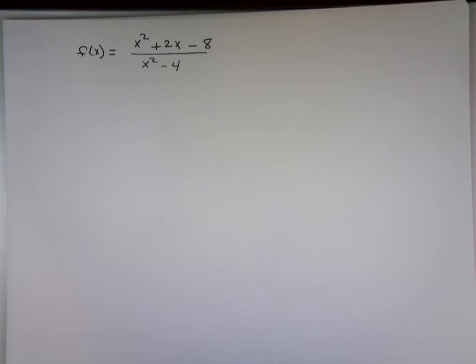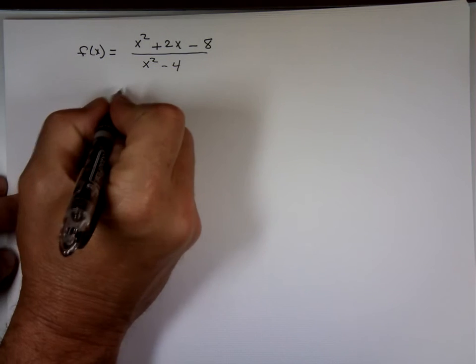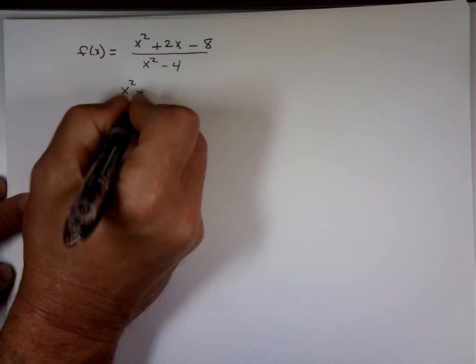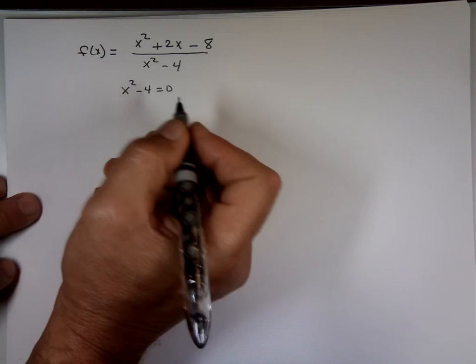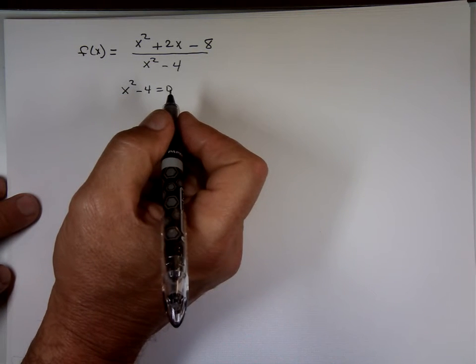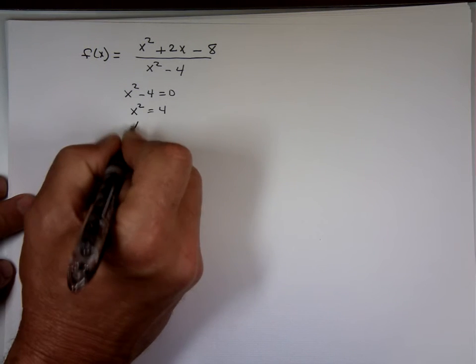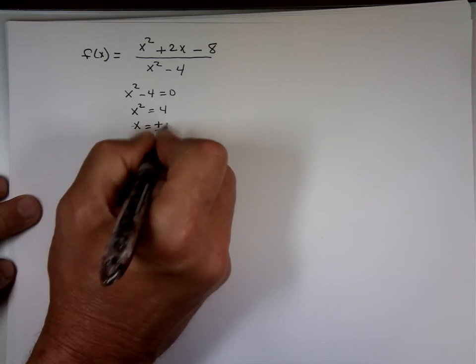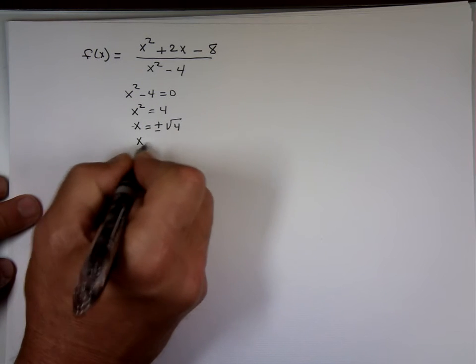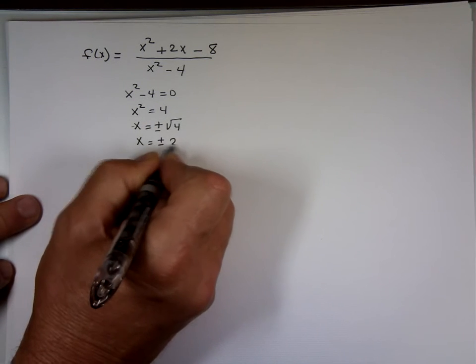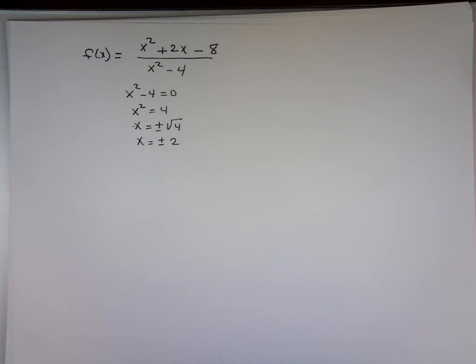My vertical asymptotes where? So x squared equals what? 4. x equals plus or minus the square root of 4. I got two of them.